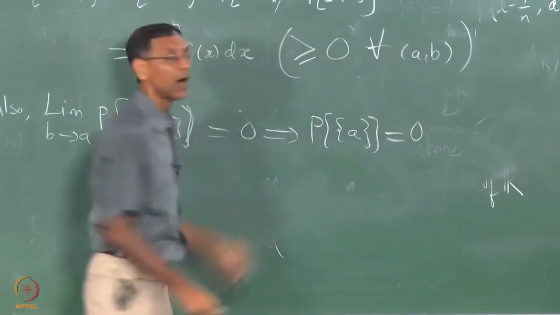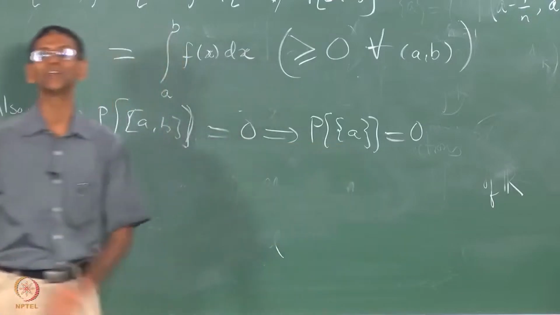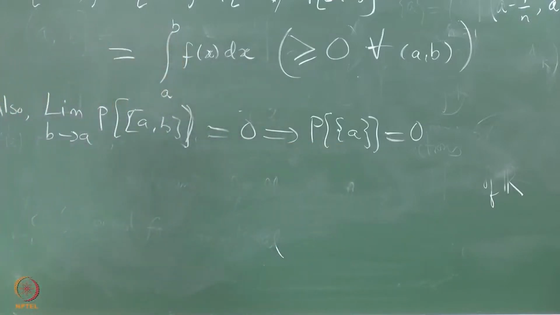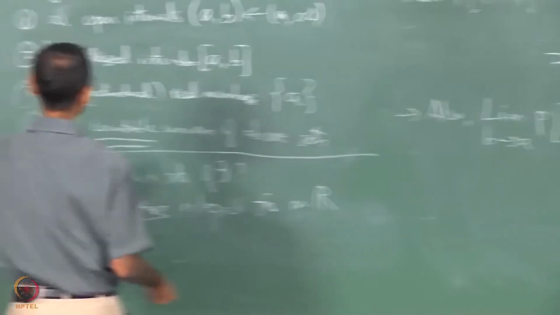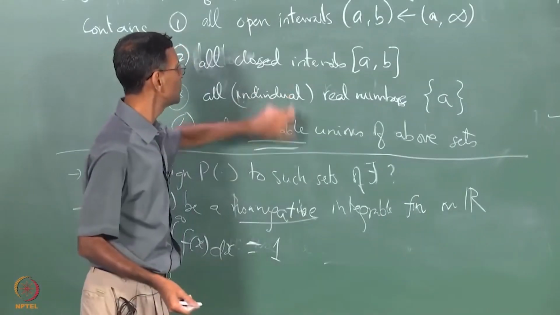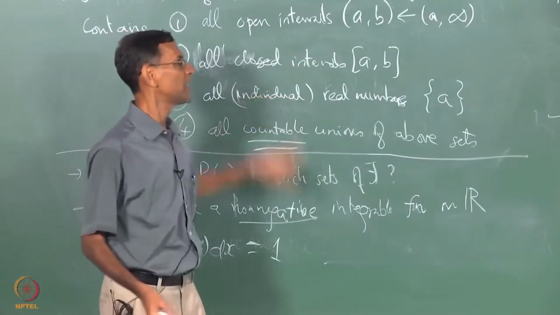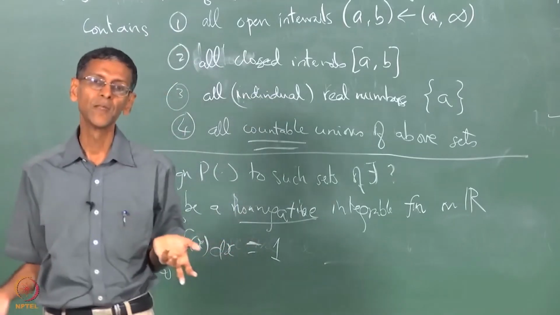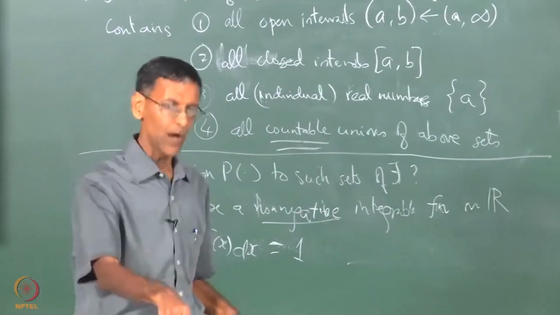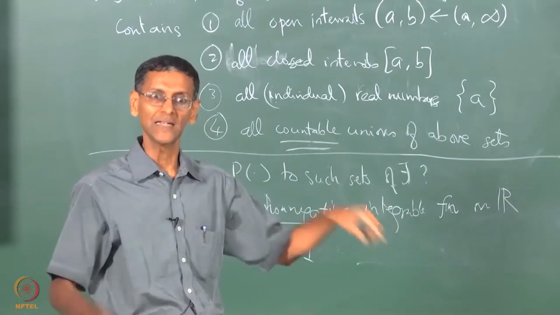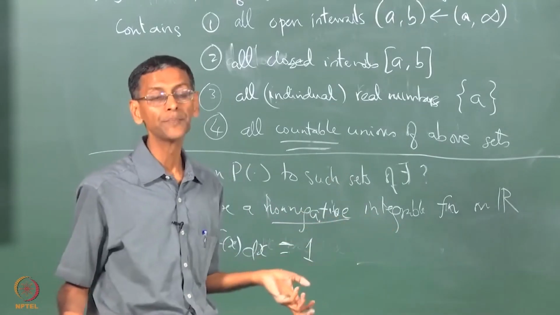And not only this, the probability assigned to a countable union of such points A_i is also 0. That is, the probability of observing A1 or A2 or A3 is also 0.